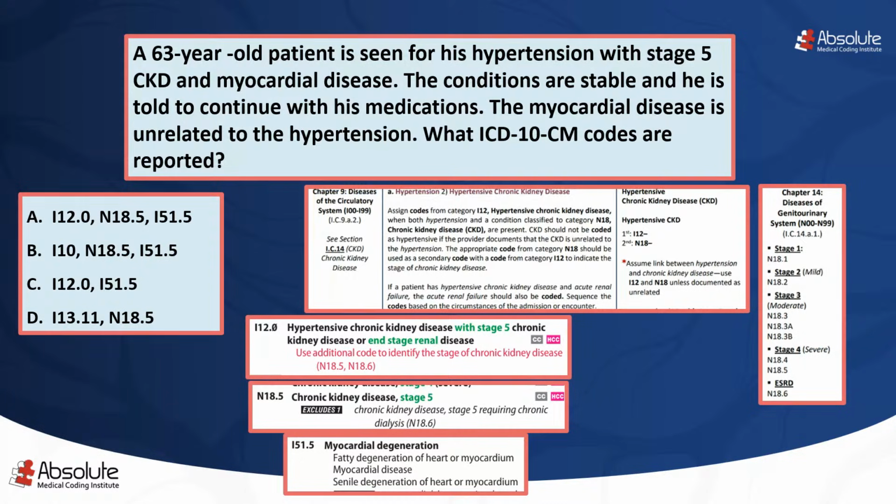So with that being said, you are also going to include the code for the myocardial degeneration. And if you look in the alphabetical index, you will find that the code for that is going to be I51.5. And that is going to lead us to our answer being A.